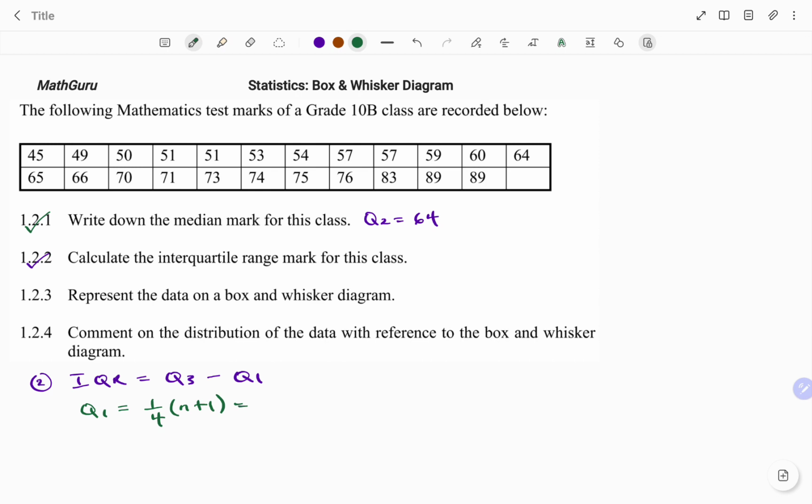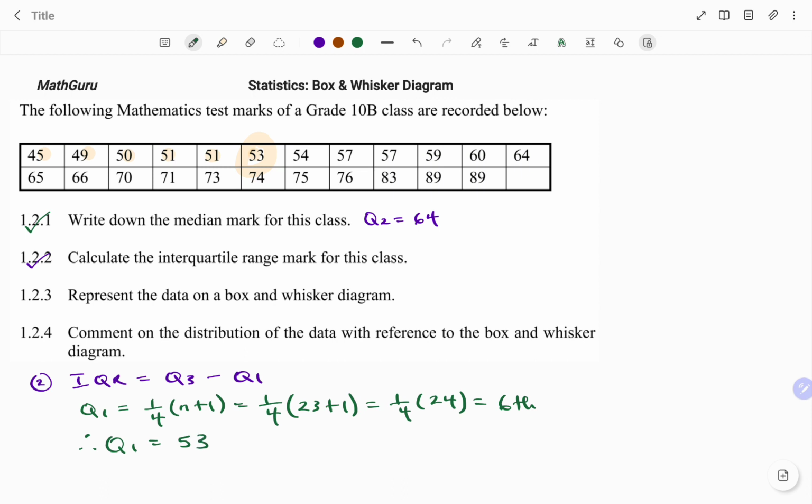We've counted the number of marks recorded, that's 23, plus 1, that's 24, and a quarter of 24 is the 6th position. So if I go back to my data, I'm going to count to see the mark in the 6th position. That's 1, 2, 3, 4, 5, and 6. So that will be 53. Therefore, Q1 equals 53.